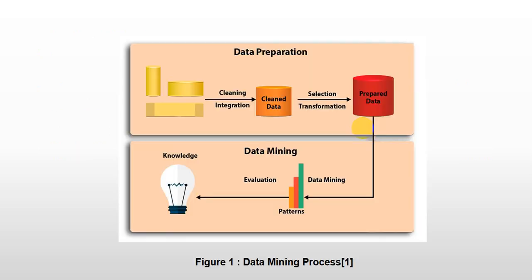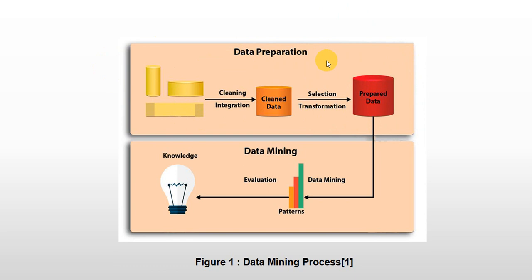Let's discuss how data is processed in data mining. In this slide, we'll see the data mining process. Firstly, data is gathered, cleaned and integrated, and sent to the cleaned data container. After that, selection and transformation is done, and this selected and transformed data is sent to the prepared data container. This whole process is a part of data preparation.